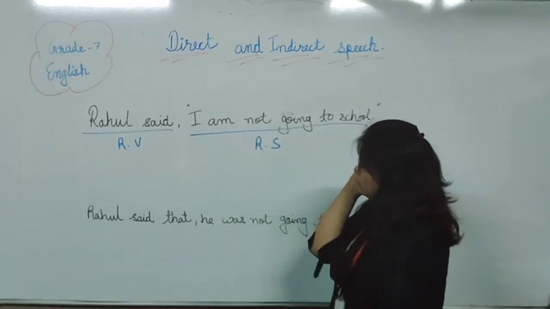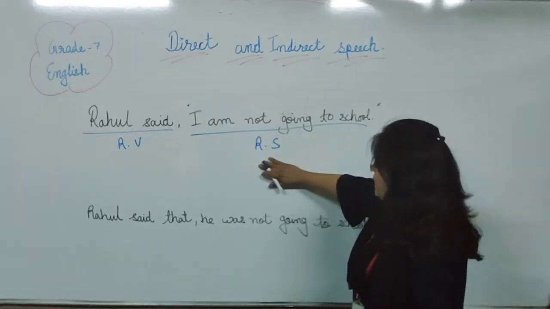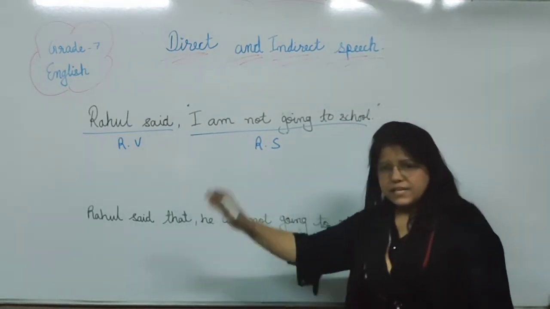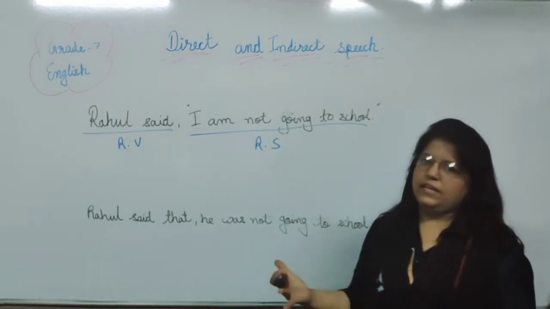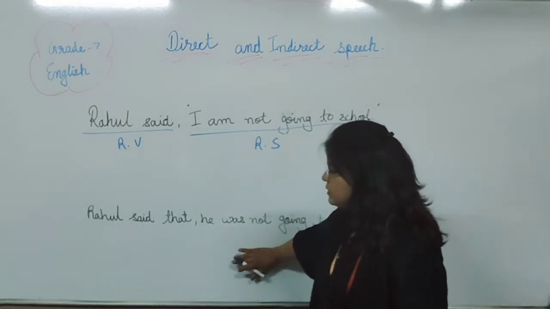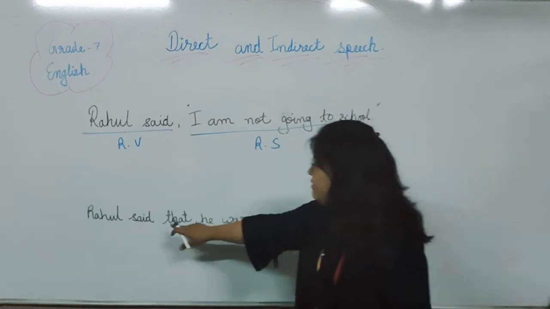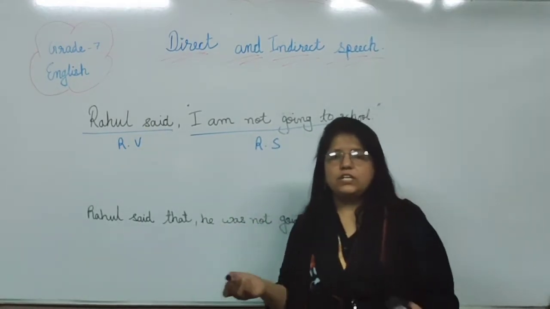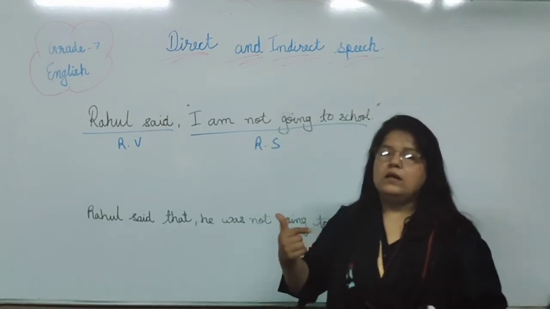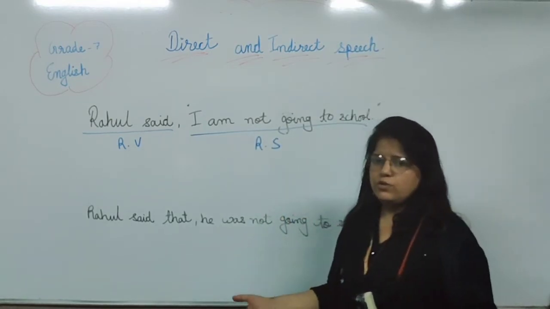I am not going to school, means जैसे राहुल ने कहा था, यहाँ पे जो रिपोर्टिंग स्पीच है वो as it is ही कही गई है. Whereas in this sentence you can see Rahul said he was not going to school, means we have changed it into a simple language to avoid confusion, right?